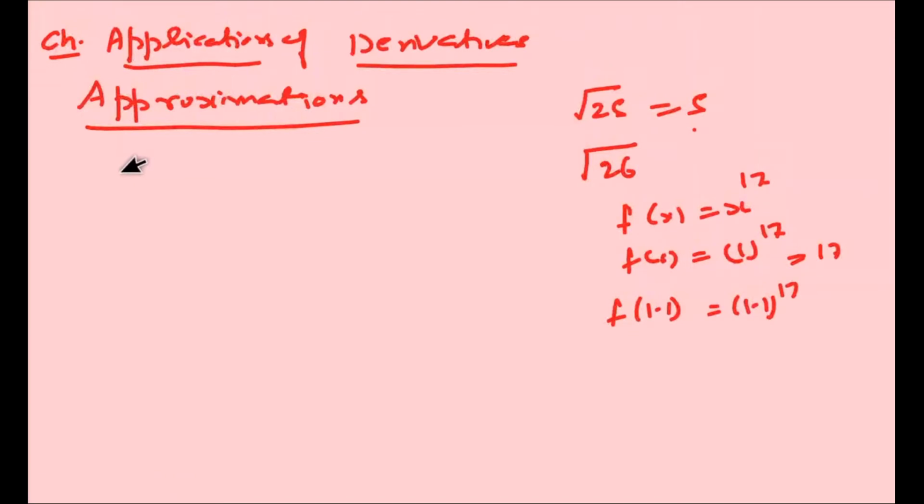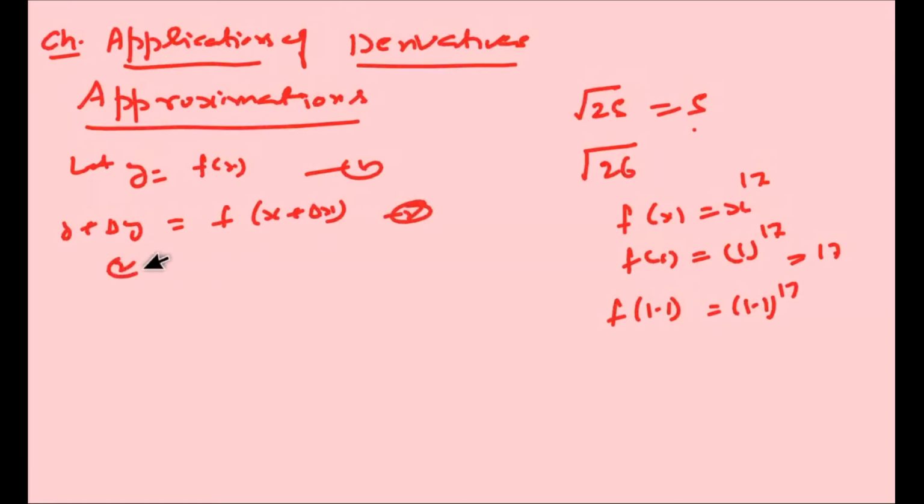Now you can see, let y equal to f(x). If there is a slight change in x, let that be delta x, then there is also a slight change in y, that is delta y. Let this be equation 1, and the changed one equation 2. Now 2 minus 1, what do we get? Delta y equals f(x plus delta x) minus f(x), the original value.